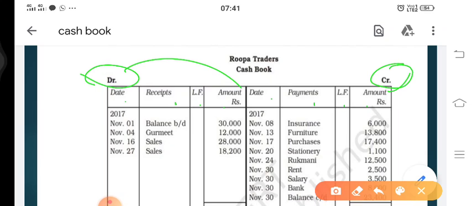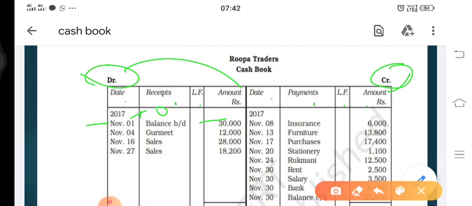Since we had an opening balance of cash, which is a balance of an asset, and assets always have a debit balance, on the debit side we'll write on 1st November 2017, To balance brought down, 30,000. Nowadays you can simply write balance brought down also, but generally the debit side is denoted with 'To'.